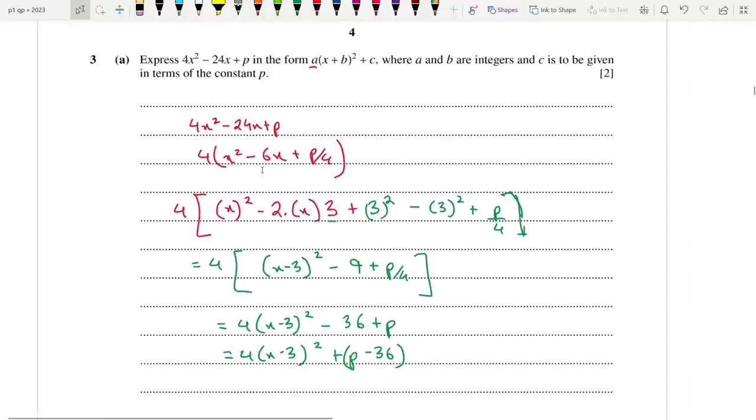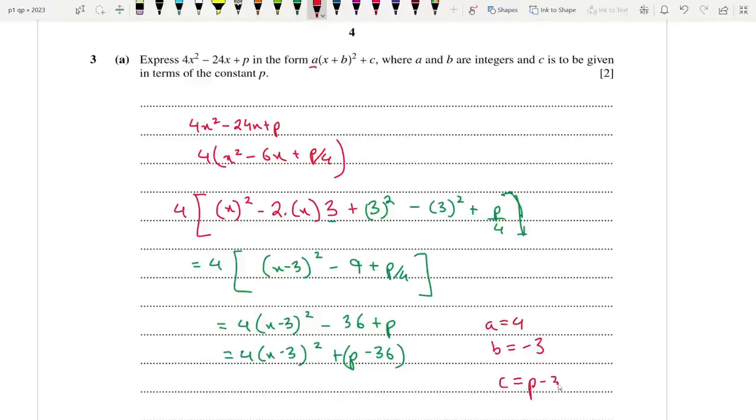Now express them where a and b and c is to be given in terms of this, so we can write it as, a is 4, b is minus 3, and c is p minus 36.